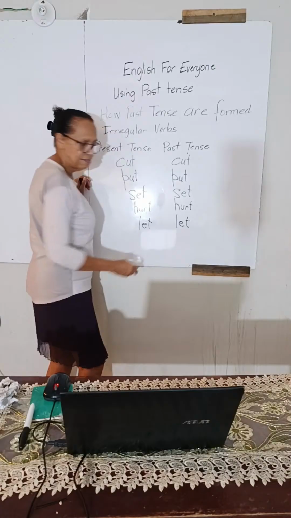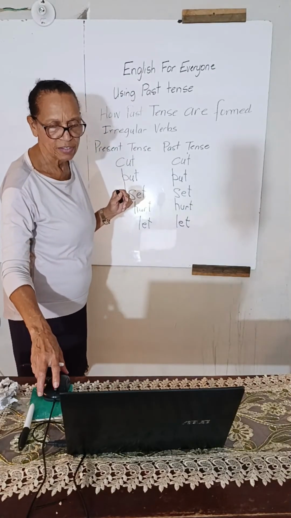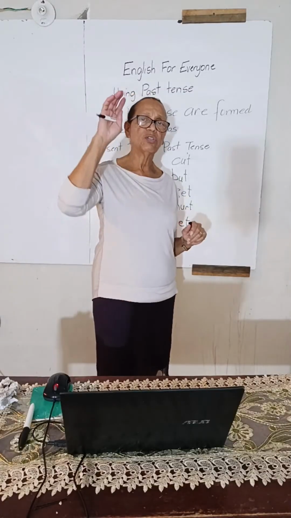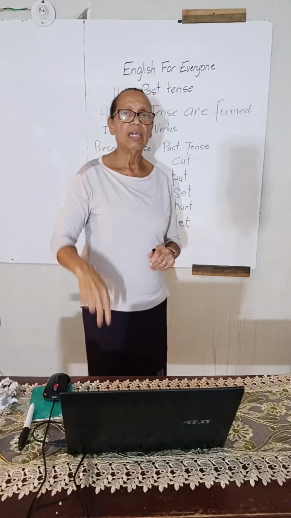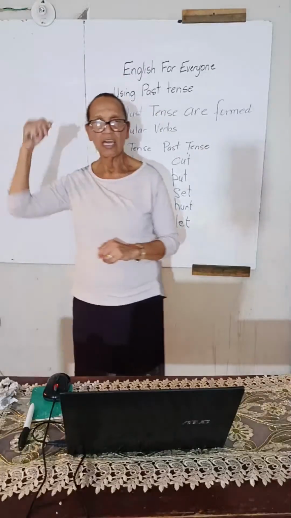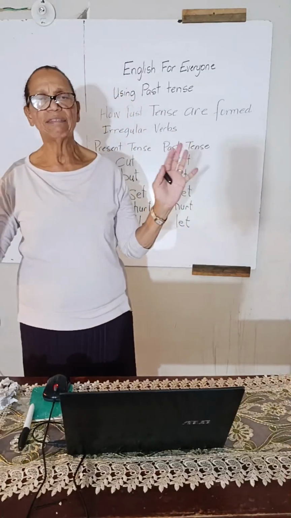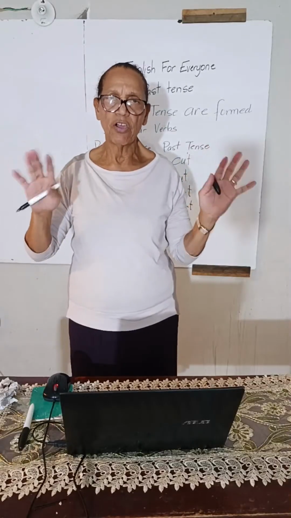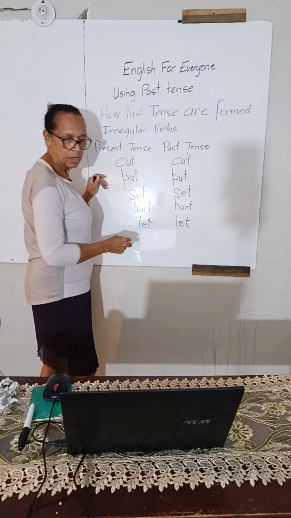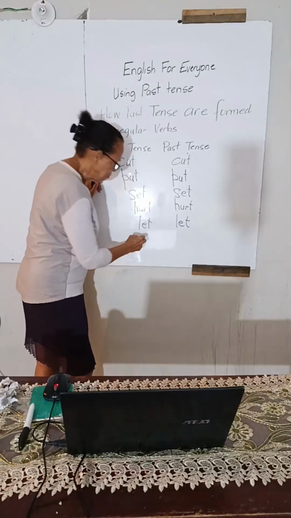It will cost you $10 today. It will cost you $20 tomorrow. It cost you $30 yesterday. These past tenses never ever change. All right? Cost.